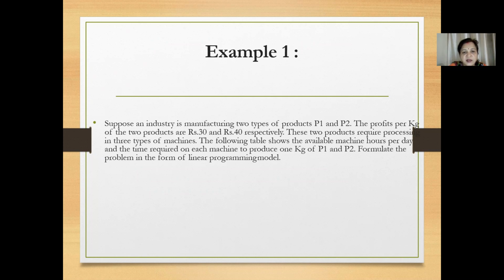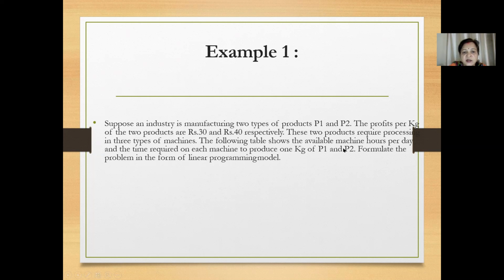Suppose an industry is manufacturing two types of products, P1 and P2, and the profit per kilogram of the two products are rupees 30 and 40 respectively. These two products require processing in three types of machines, and the given table shows the available machine hours per day and the time required on each machine to produce 1 kilogram of P1 and P2.